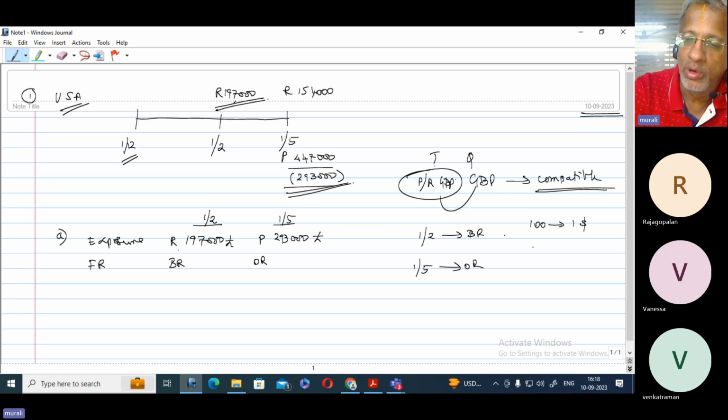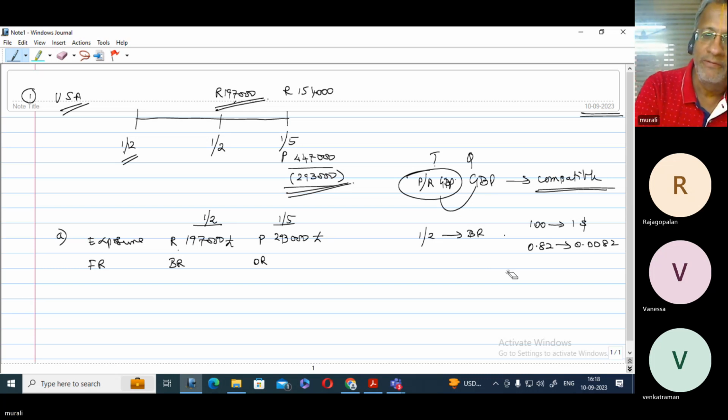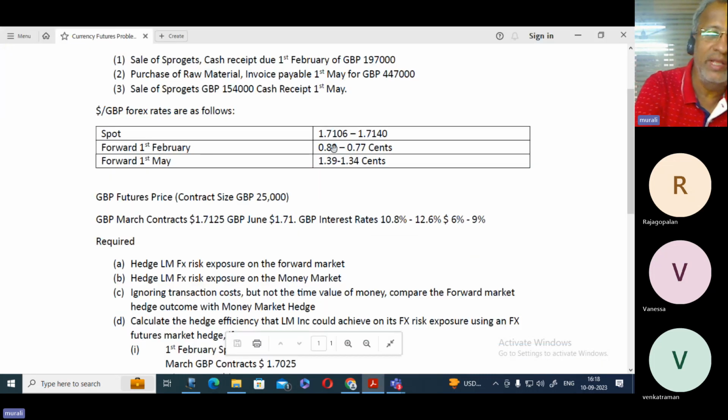So therefore 0.82 cents is equal to 0.0082. Correct.